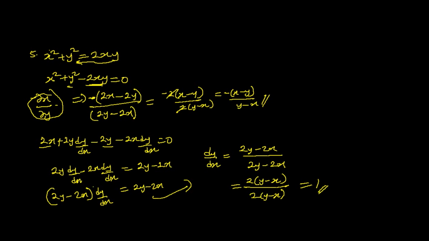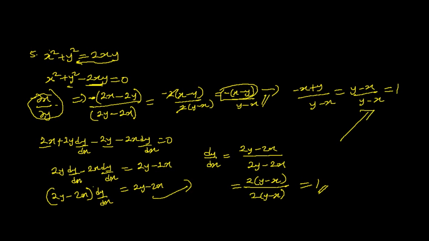Now let's also look at this now. This can also give us 1 because the numerator here has minus outside. So let's open the bracket of minus x plus y divided by y minus x, which is the same thing as y minus x divided by y minus x, which is equal to 1. So you can see that this and this are the same.